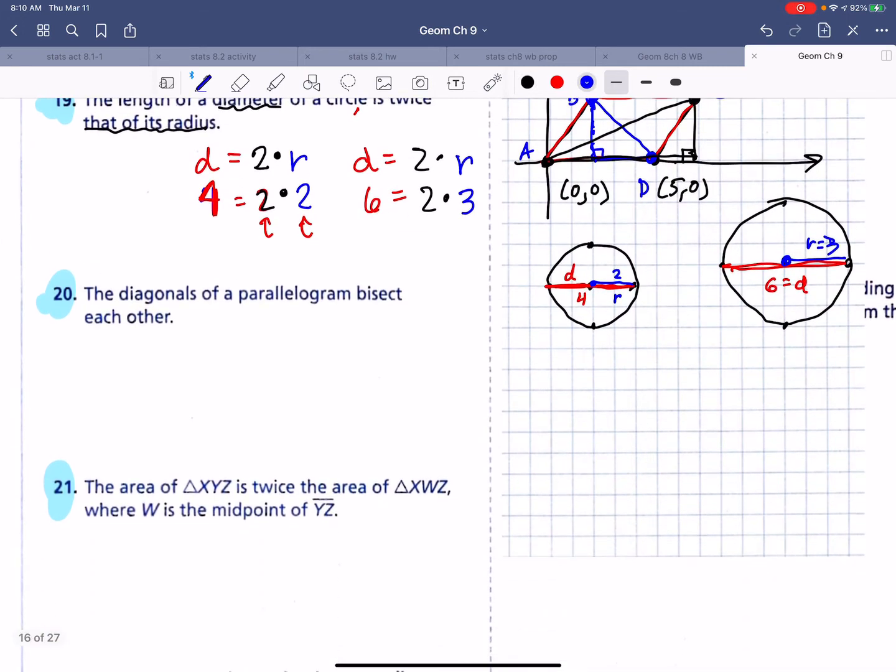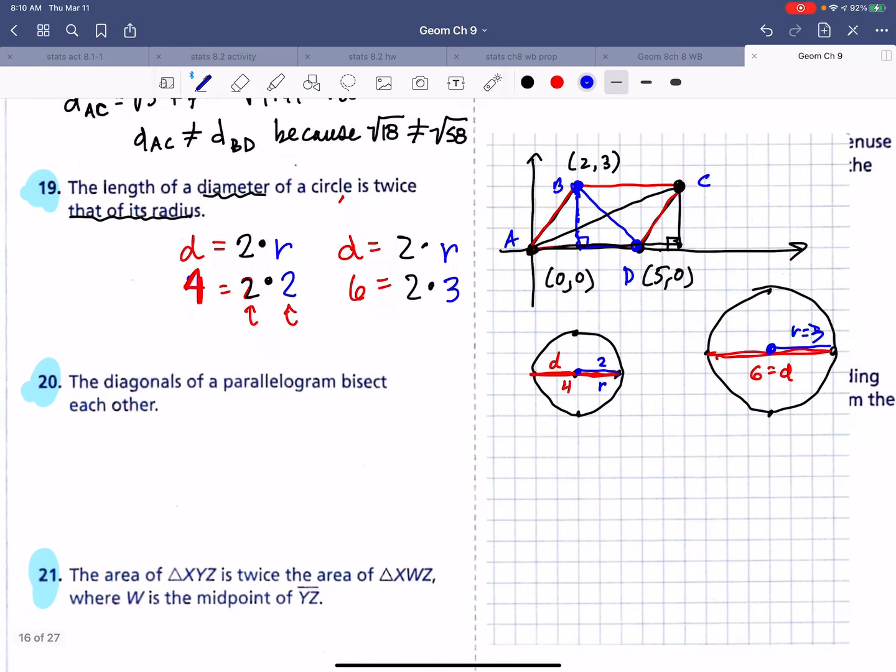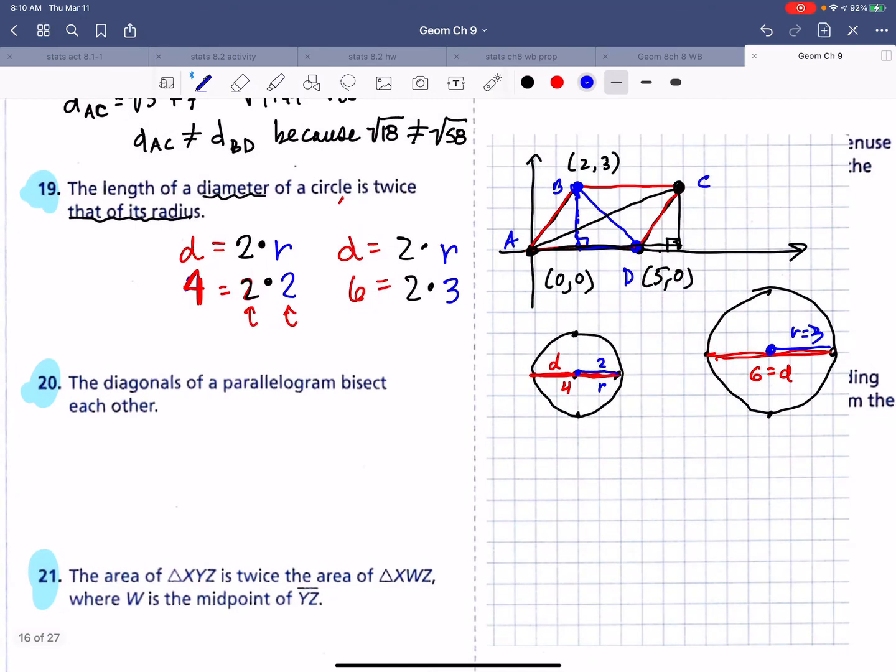20. The diagonals of a parallelogram bisect each other. Okay, prove it. So I could probably actually use the same parallelogram I have up here. So let me just redraw that. Okay, so the diagonals bisect each other.